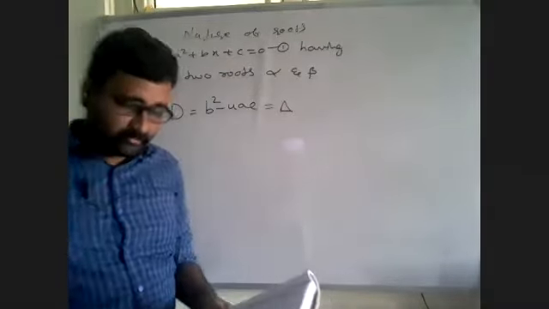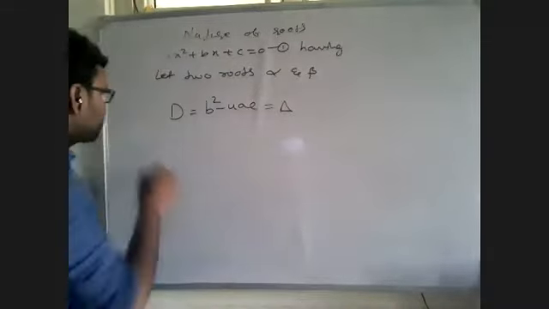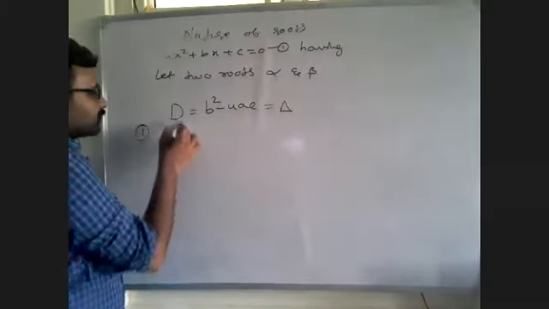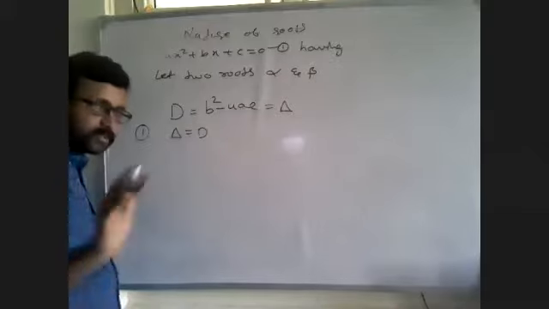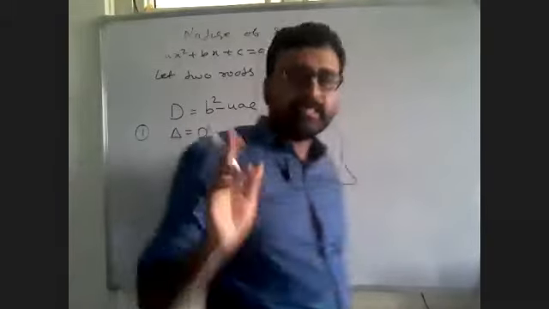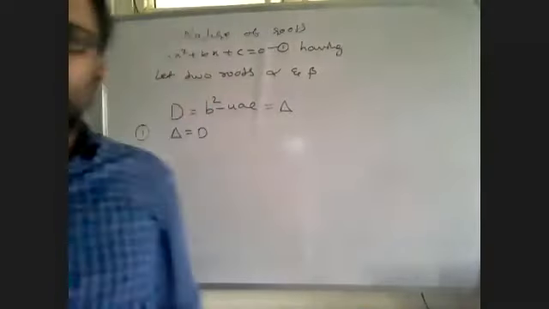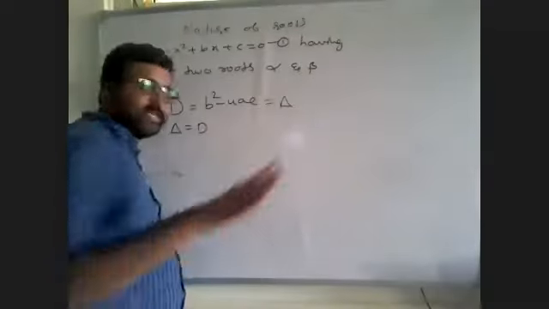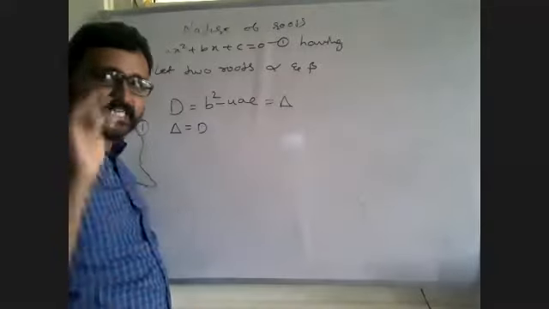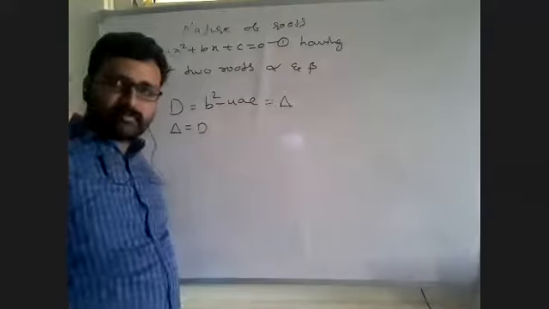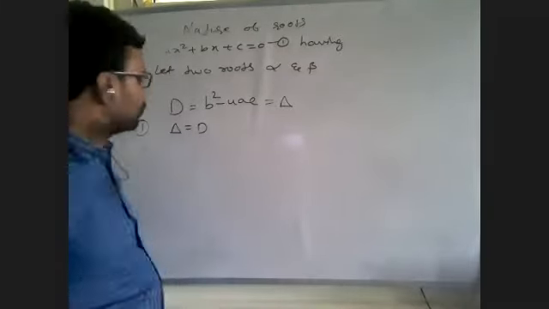Now, the first case. Don't get confused: D and delta are both names for b square minus 4ac, the discriminant. Capital D is the first letter of discriminant.